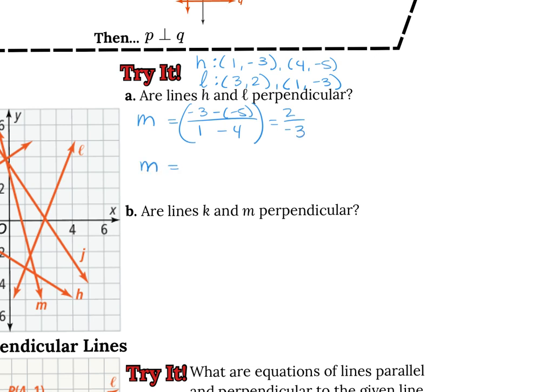Then my slope for the second line. Okay, so no, those are not perpendicular.